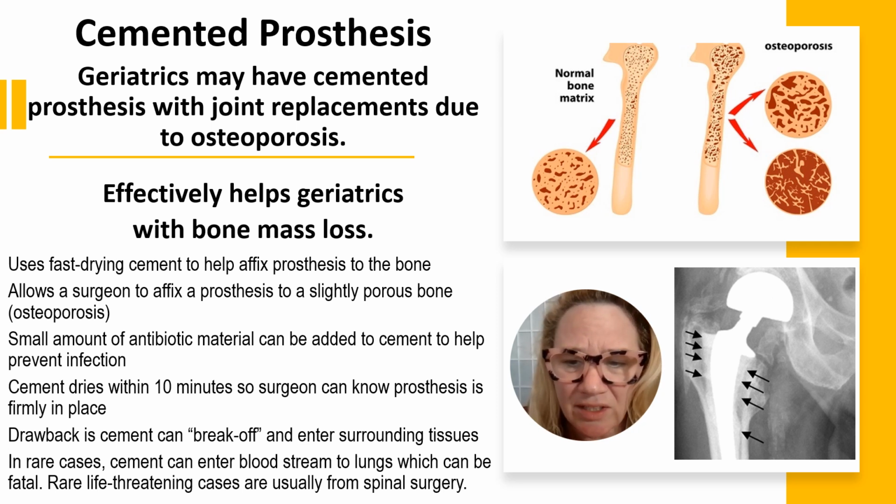And that prosthesis has loosened in the femur bone, which the joint could then be dislocated. The femur bone is more susceptible to fracture, and they could also develop infections and other issues with that loosened prosthesis. So what do they do with geriatrics who have porous bone? They cement the prosthesis into the bone.